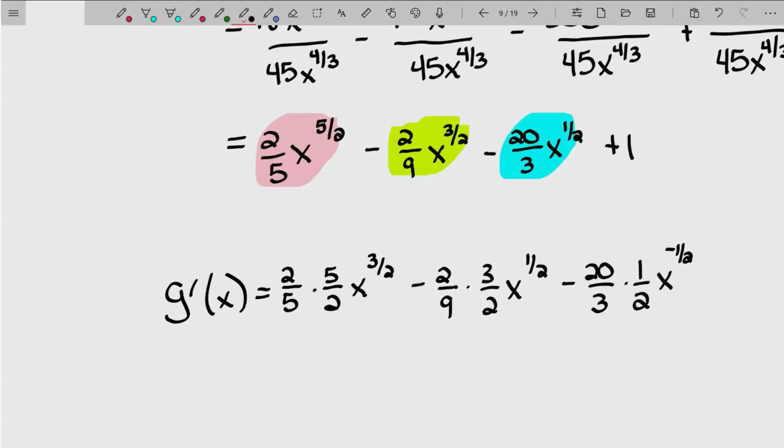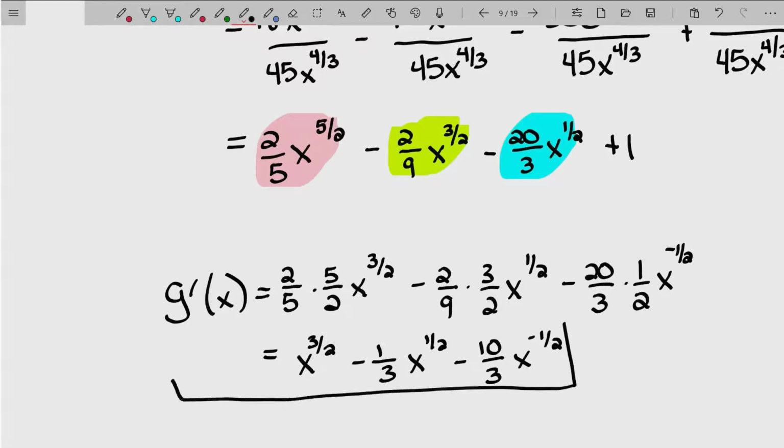And all you need to do here is clean things up. So the derivative of g is x to the 3/2 minus 1/3, whoops, not equals, but minus 1/3. Let me just double check. Yep, x to the 1/2, and minus 10/3 x to the negative 1/2. That is g prime of x. That's the derivative function.